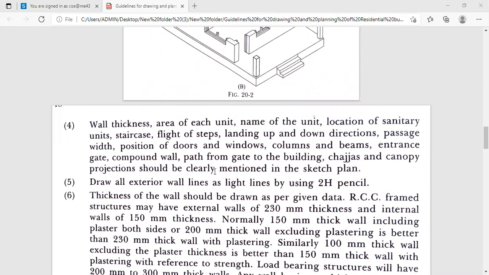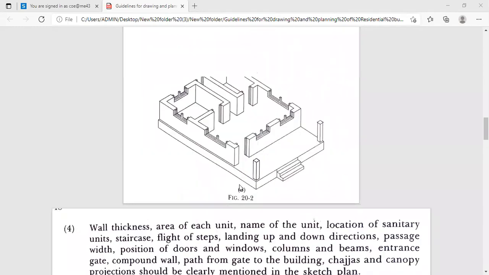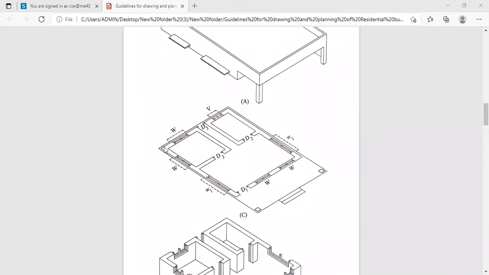Suppose here you have drawn a line plan like this, and whatever wall thickness you have to show here, you can provide to the inner side of the room.